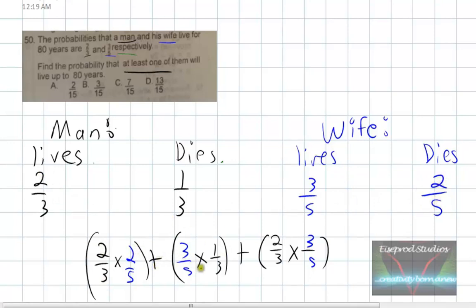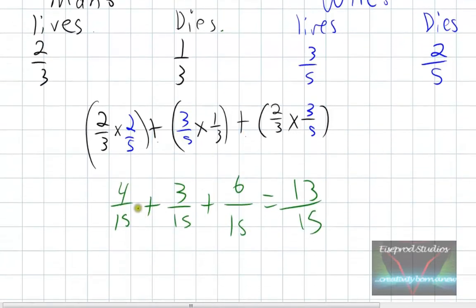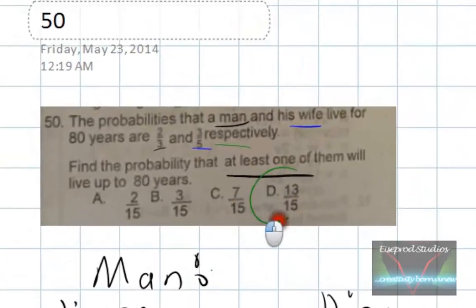Then I did it the other way around for the woman living and her husband not. And then I did it lastly for both of them living the full 80 years. And so you multiply each individual case and you add the probability of each. So you're going to get 4/15 plus 3/15 plus 6/15, which is 13/15, and so D would be your answer.